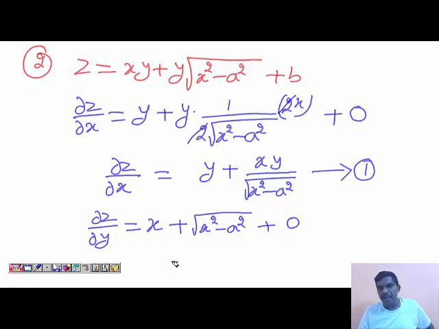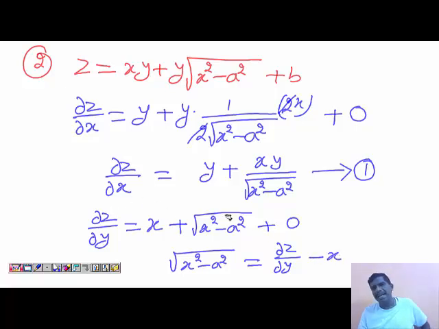From this equation, I can write the square root of x square minus a square as dou z by dou y minus x. I have just transferred this x to this side. And we call this equation number 2.